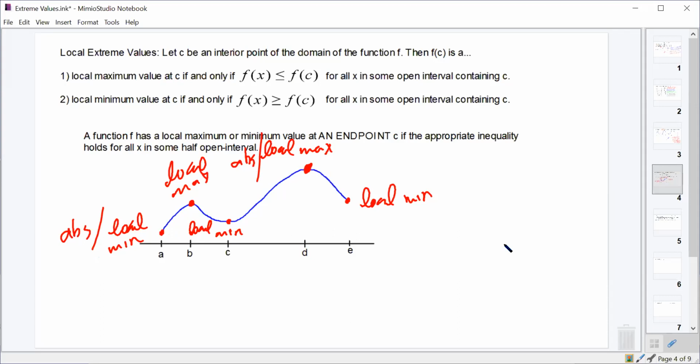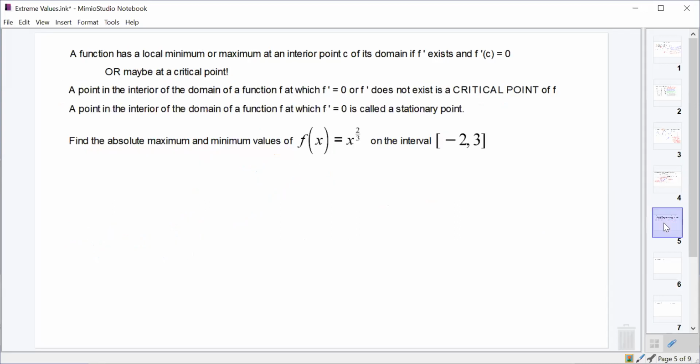Cool. So a function can have a local minimum or a local maximum at a place that is on the interior of its domain. So we're not talking endpoints here, but we can have a local minimum or a local maximum at an interior point of its domain if the derivative equals 0, or if the derivative is undefined at that point.